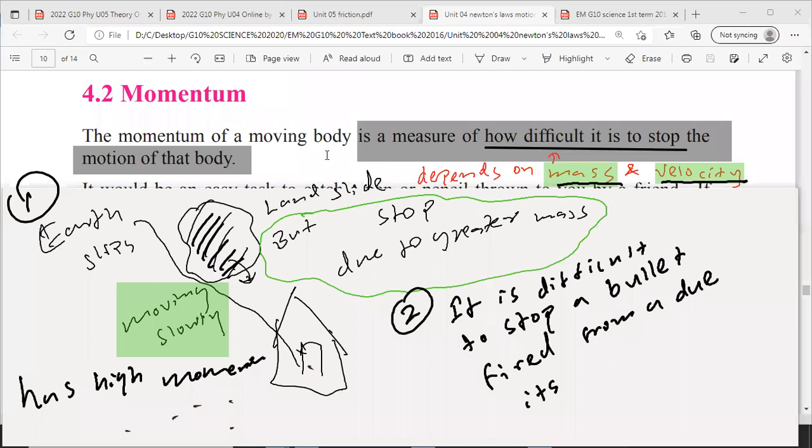So write the equation for the momentum: momentum equal mass into velocity. Momentum equal m into v.